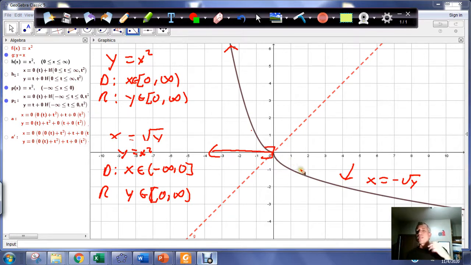So we can get an inverse for a quadratic function, but only if we restrict the domain so that what's left of the original parabola passes a horizontal line test, so that its reflection in the line y equals x will pass a vertical line test.